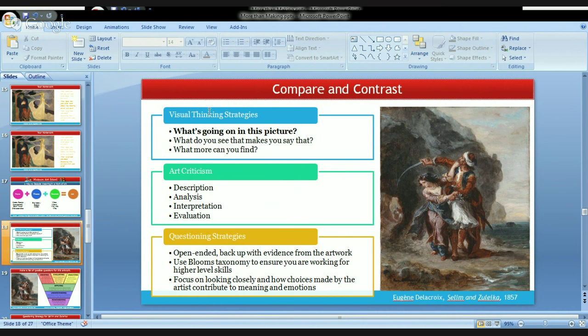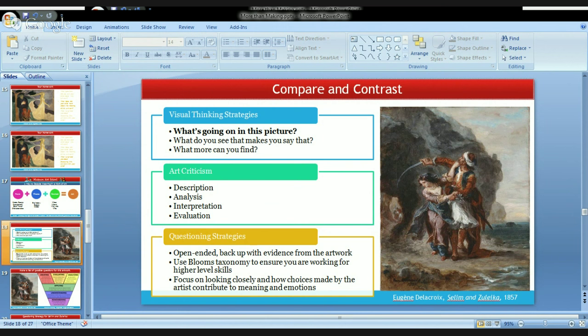That strategy is called visual thinking strategies, and it was developed by two people, Philip Yenawine and Abigail Housen. They have a Visual Thinking Strategies Institute, and they teach a lot of people this method. You can actually get certified in it. You can also watch videos of people using that method online, and it's kind of interesting because they will actually ask just those three questions.